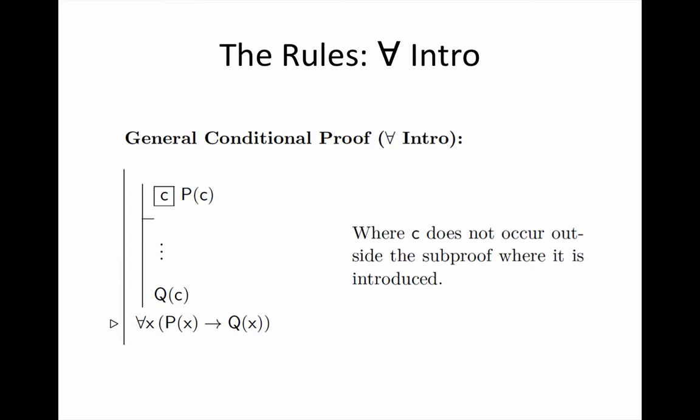What you've got in the form of the boxed letter is the Fitch program's way of us telling the Fitch program that we are assuming a name.